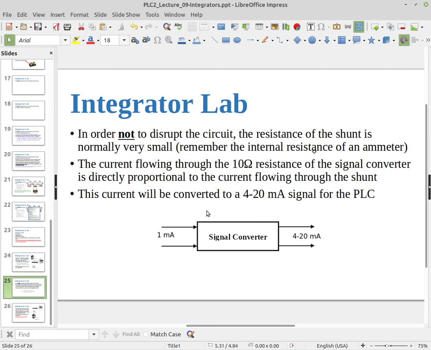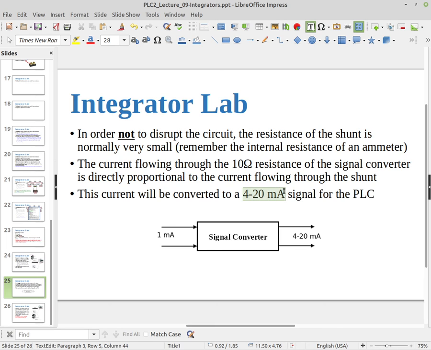But we're going to use the converters. The converters are going to convert the 1 milliamp signal into a 4 to 20 milliamp signal to feed the PLC, and the other converter is going to feed a voltage that can range, at least theoretically, between 0 to 50 volts into our PLC.